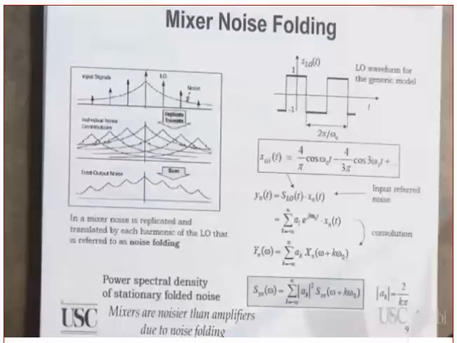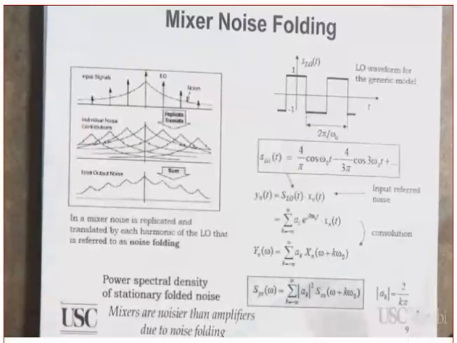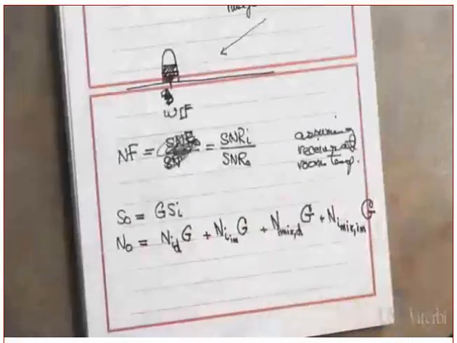The noise level went up because the noise did not come only from the desired band and the image band. It came from mixing other noise in different bands with the harmonics of the local oscillator. Did you get it or not? Resulting in the noise figure going a little bit up. Clear? Okay. Let's get back to our discussion.